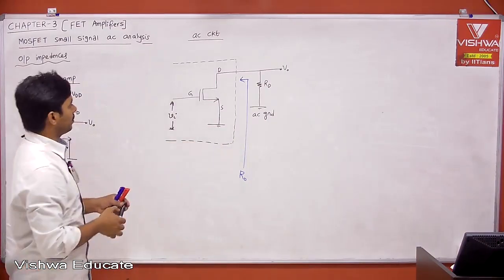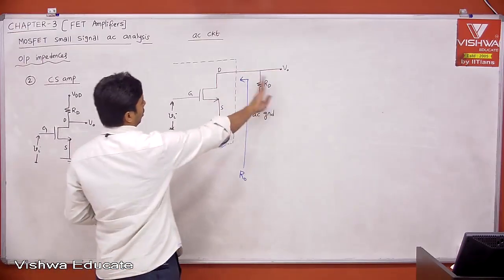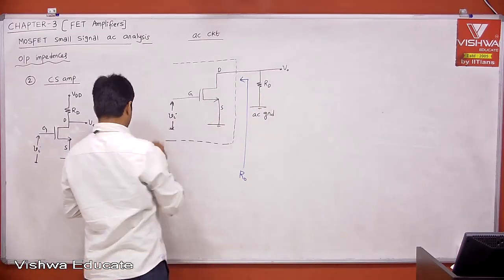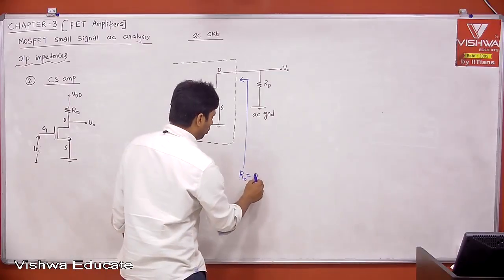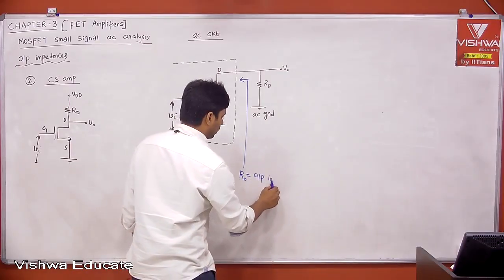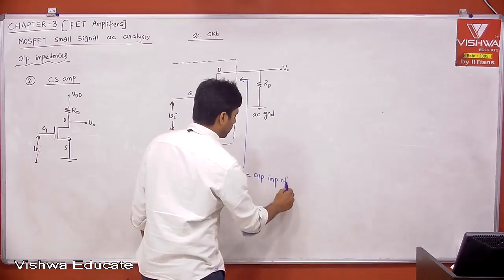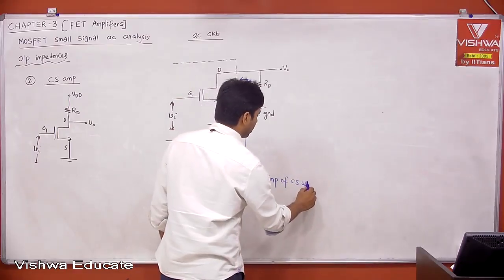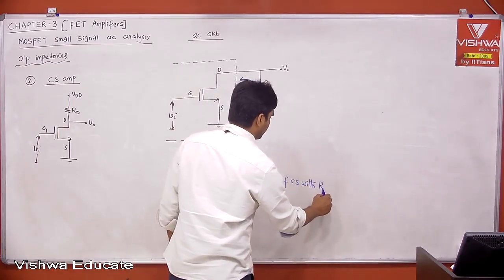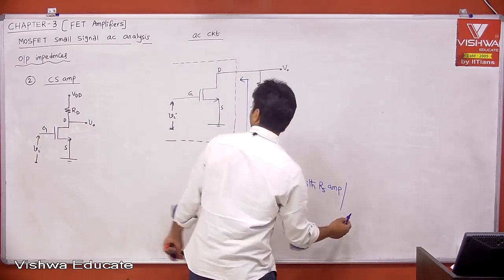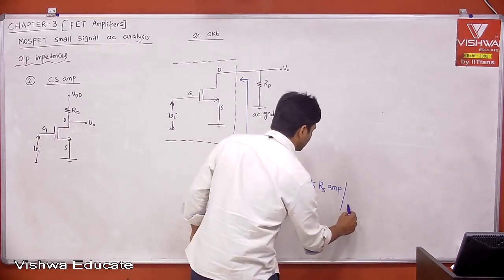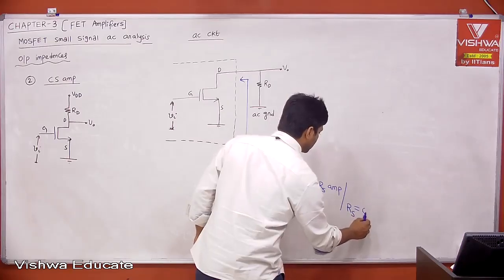Therefore, what is the output impedance? Again, exclude the load: the impedance seen into the output port when Vi is equal to 0. We already did it, right? This is nothing but the output impedance of the CS with RS amplifier when capital RS is 0.